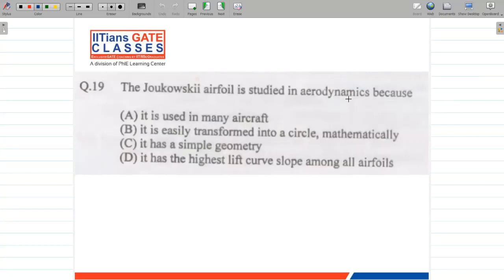Joukowsky airfoil is studied in aerodynamics because it is used in many aircraft. Absolutely not. We typically don't see Joukowsky airfoils being used that frequently. It's easily transformed into a circle mathematically. This is the right option.